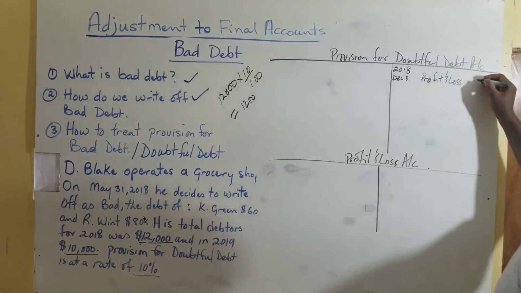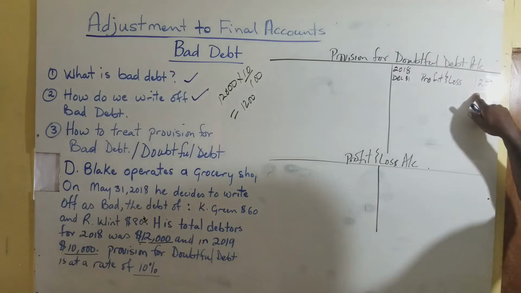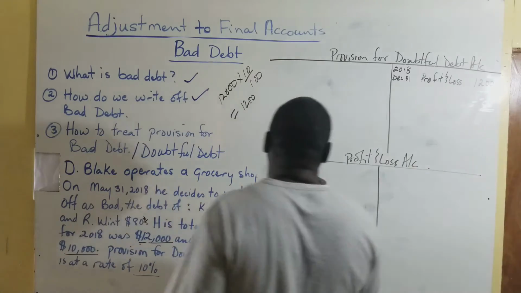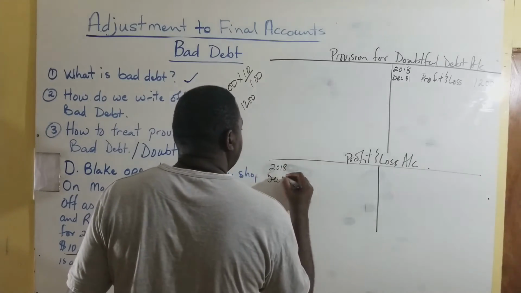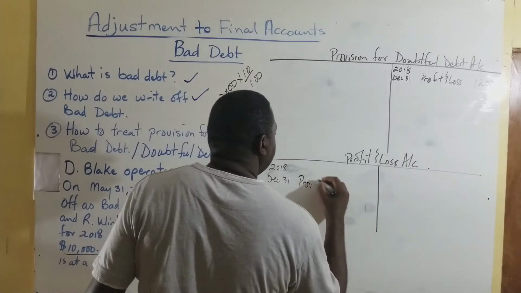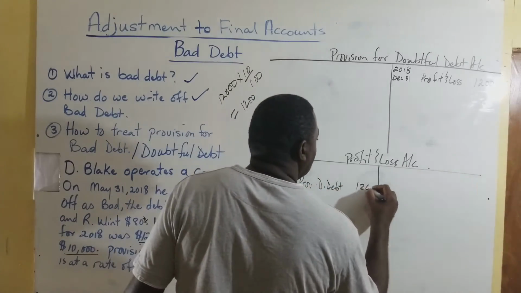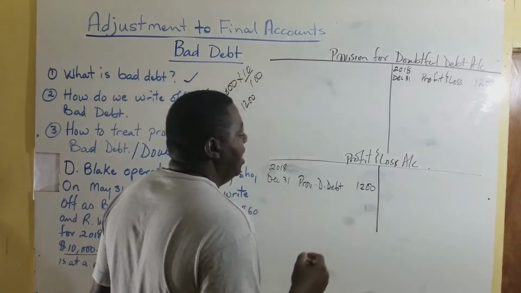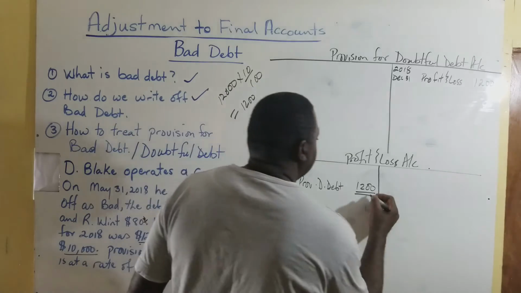So it is 1,200 here. If we credit, we're going to debit in this account. So we come to 2018 December 31st, provision for doubtful debt is 1,200. All right, we can double line this because we're not using it for more than 1 year.